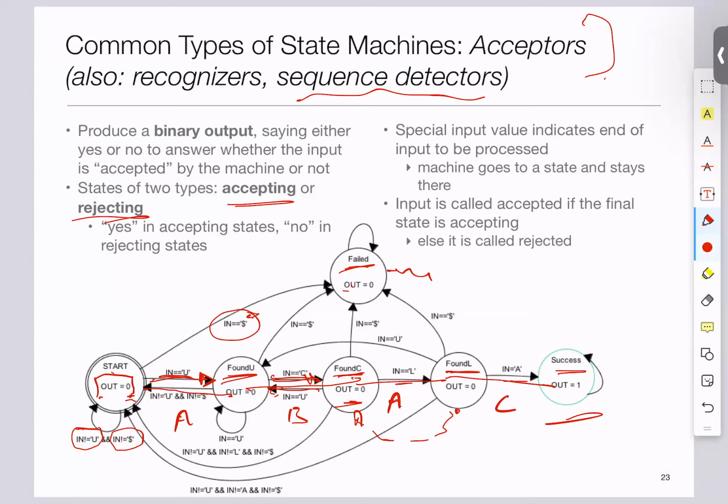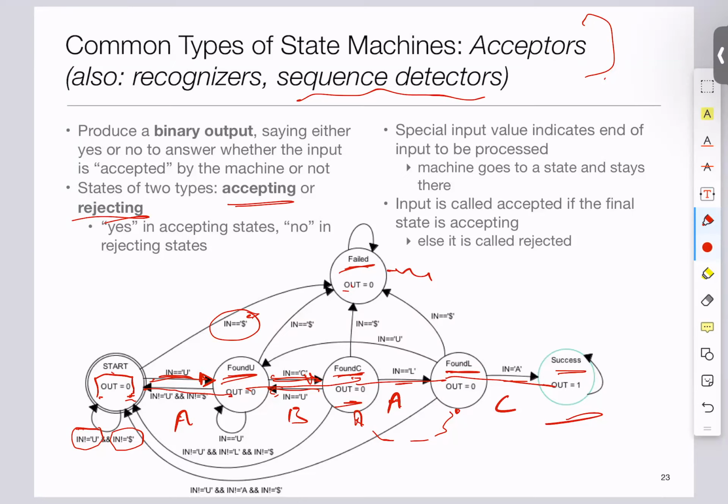I can have options in there. Or I can say anytime you see UCLA twice in the string, with some arbitrary stuff in between, then I declare it, right? These are all examples that can be done in a finite state machine, with these kind of finite results.